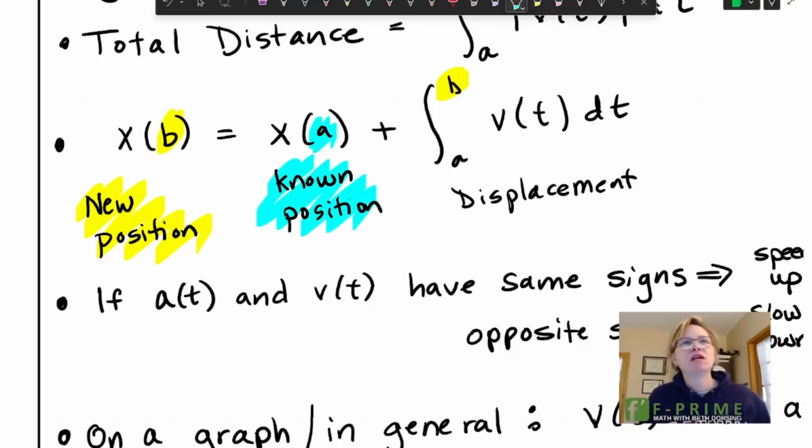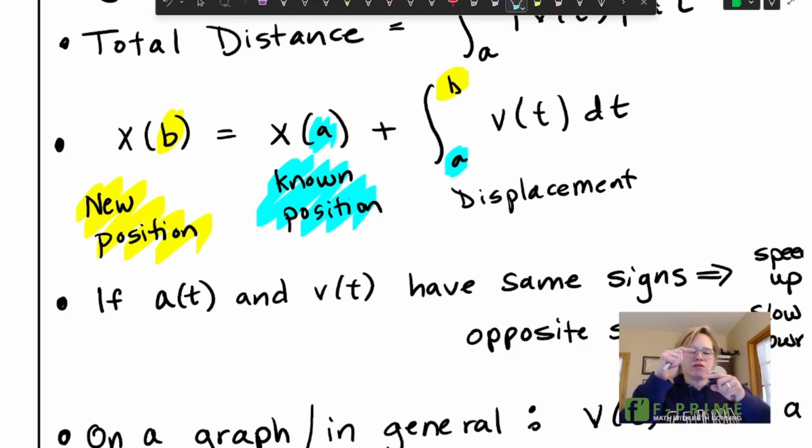A lot of times they make it easy on you, and your known position is your position at time 0, but it's just your given position or your known position. It's your known position plus the displacement, and I always make sure that whatever time my known position is, that's going to be the bottom limit of my integral.